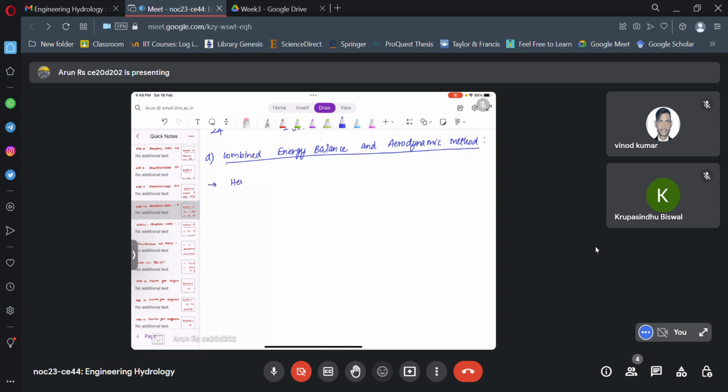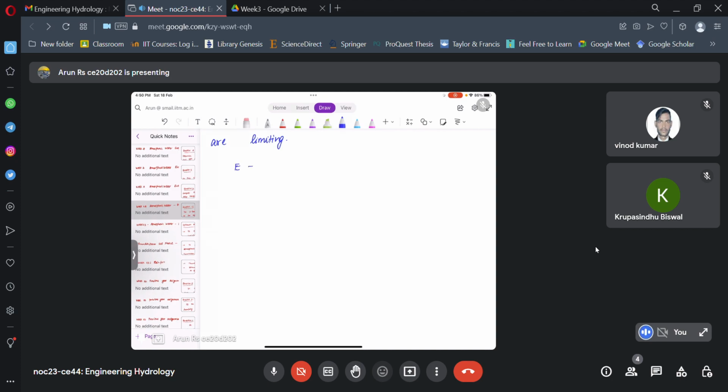So here both vapor transport and energy are limiting. So they have derived a kind of empirical equation by taking the weightage of both the energy balance as well as the aerodynamic method.